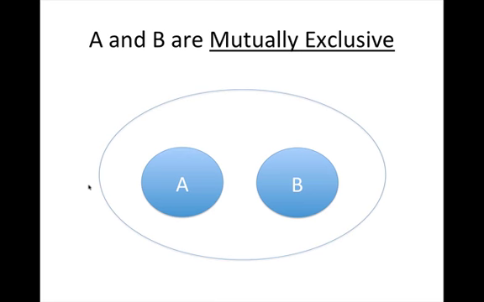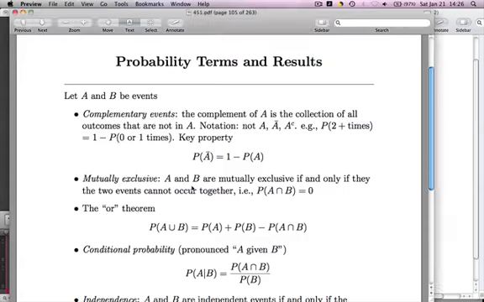So in my Venn diagram, notice how A and B have no overlap, indicating that they cannot occur together. Now something that's really important to note is that when you have mutually exclusive events, the probability that they occur together is 0, indicating there's no overlap.